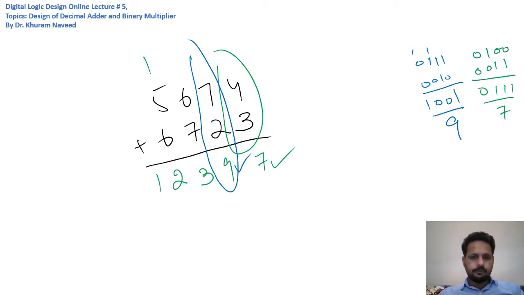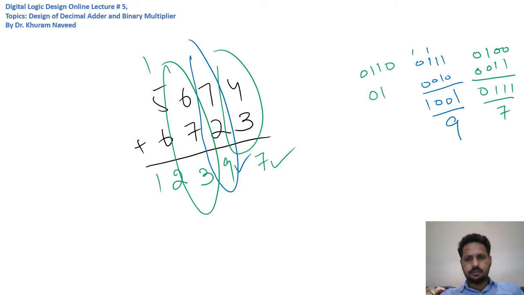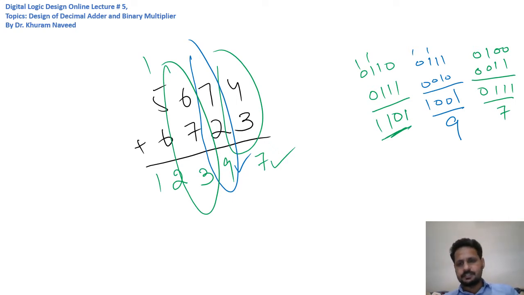Now we move to the next addition, where we add 6 and 7. The BCD of 6 is 0110, and BCD of 7 is 0111, and when we add these we get 1101. Let's see what this is. If you look at it, this is not a BCD code, right?